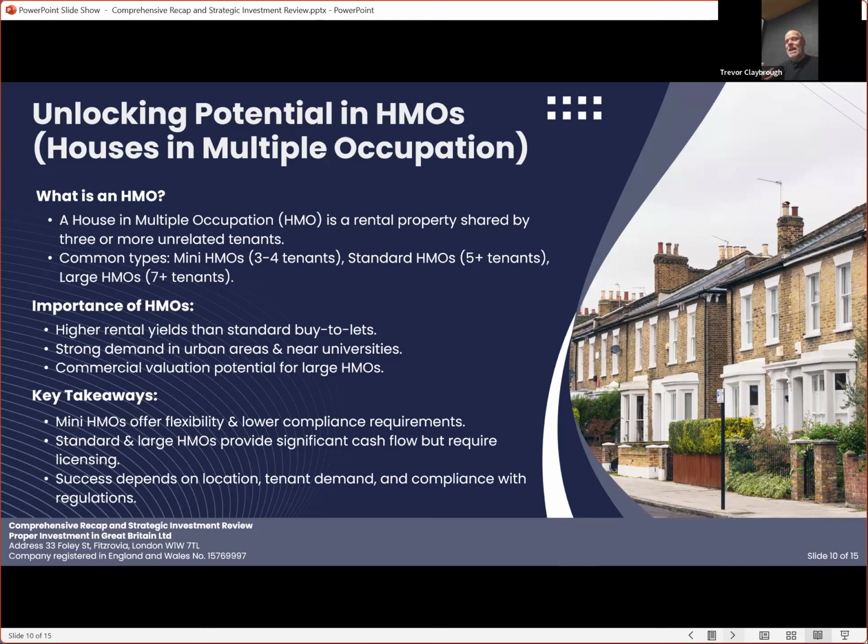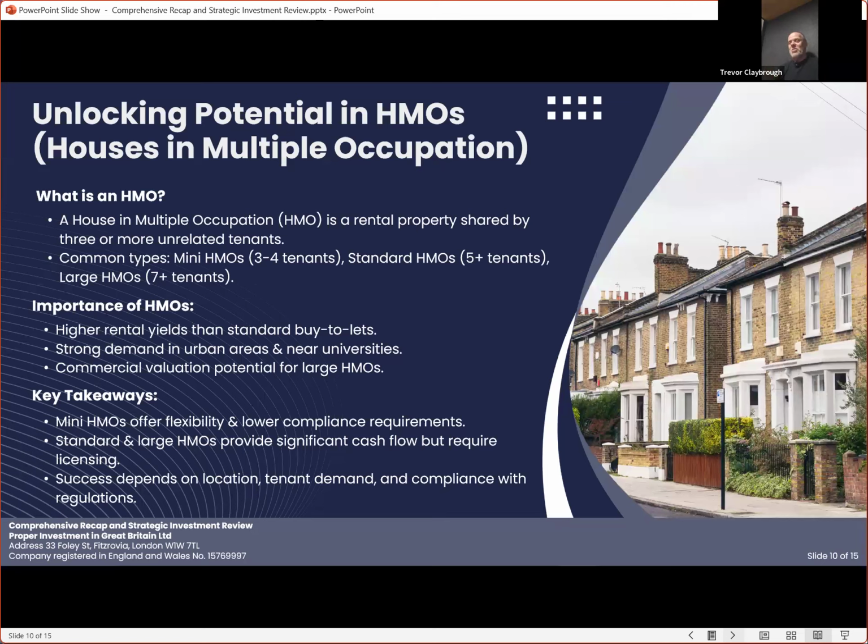It's specifically adapted, and we put quite a lot of money into making it into a HMO, and on that basis we can go for a commercial valuation, which is a valuation of the property based on the income and a multiplier called the yield, and we can get a higher value for the refinance than if it was just bricks and mortar. These enable us in areas where we've got low yields because the property prices are really high, like in London, when we can do large HMO conversions and get the commercial valuation.